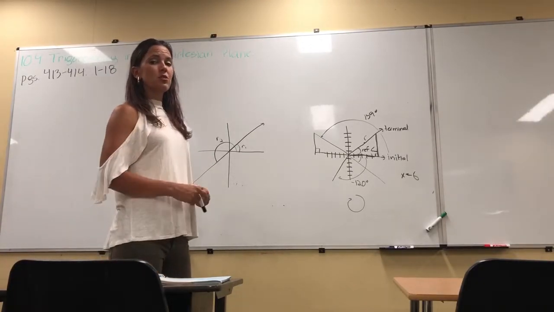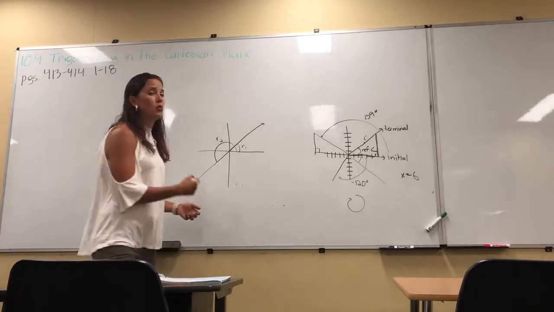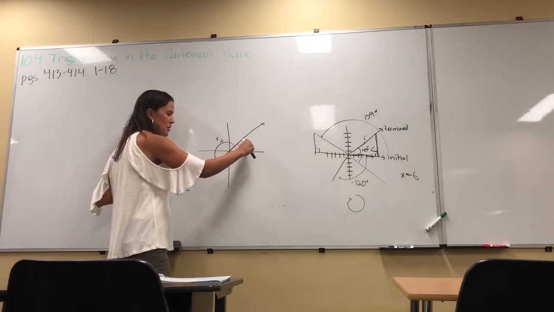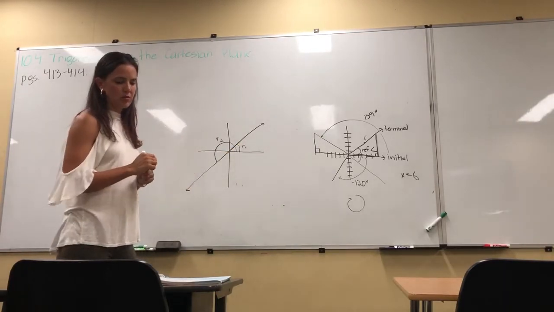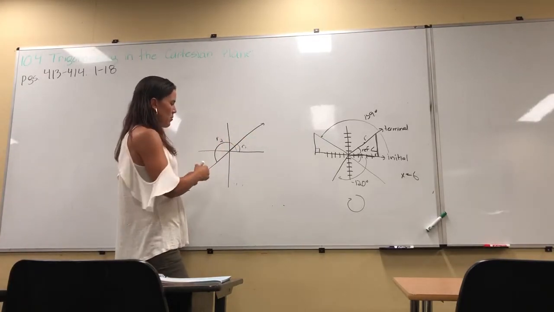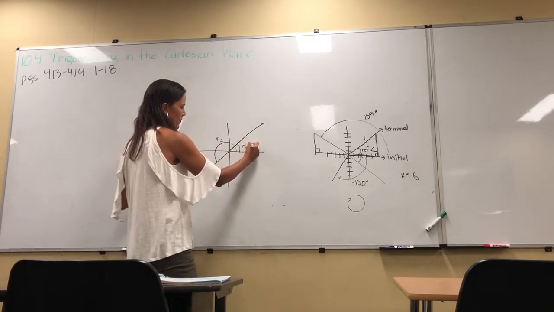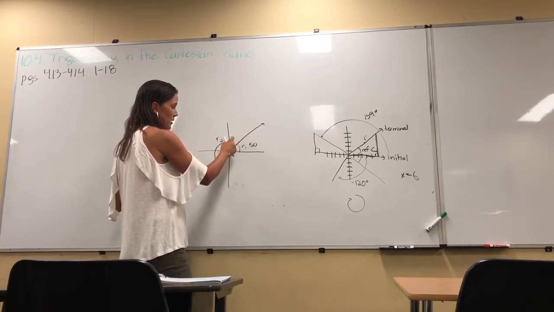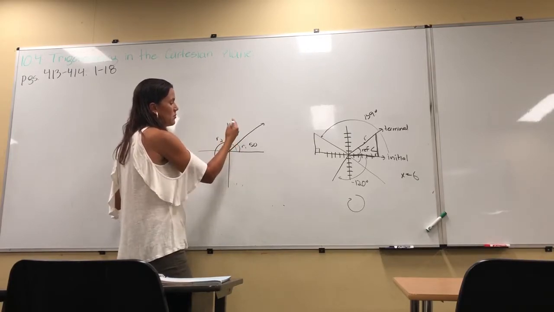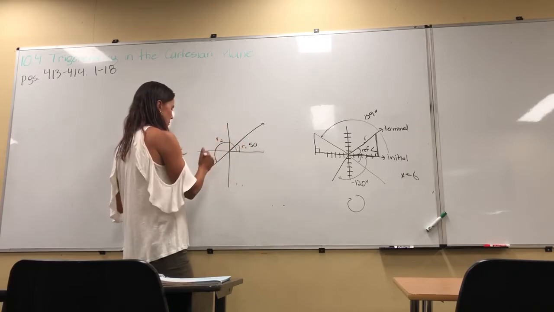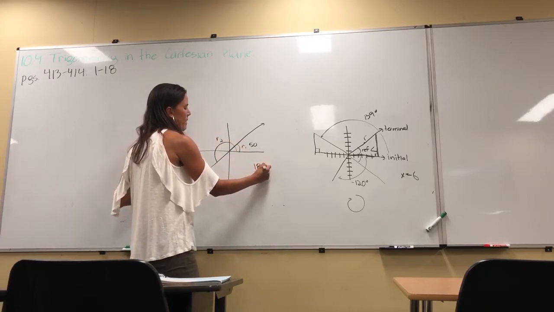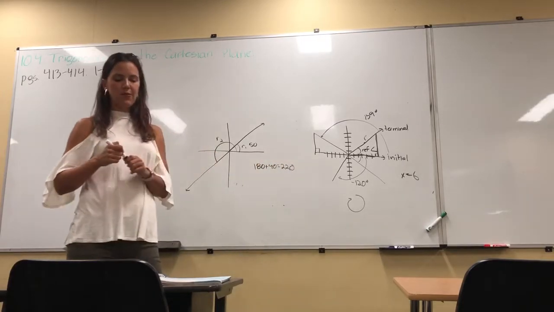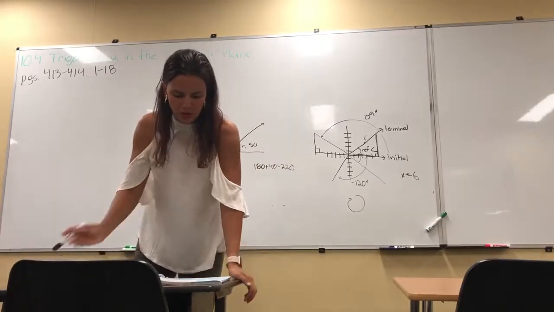Even though you can't make a right triangle, you can find the sine or the cosine or the tangent for that value because you know that it's the same as that one. So what is this angle? Let's say that one's 50, right? So that means this is 90 plus 90, which is 180, plus whatever's left there, which is 40. So it's 180 plus 40, which equals 220. 220 and 50 are going to have the same sine, the same cosine, all of that.